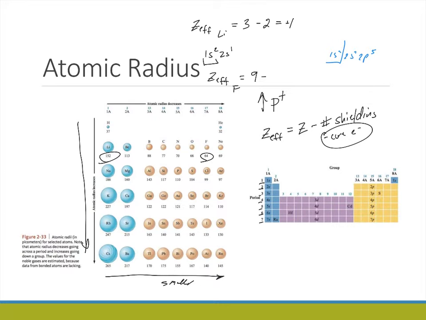Well, it still only has 2 shielding electrons. So this is 9 minus 2, or plus 7. So these electrons feel like there are plus 7 charges in the nucleus pulling on them. That's going to pull those electrons in closer, and hence atomic radius decreases. This notion of Z effective actually explains all the rest of the trends we're going to look at except for one.